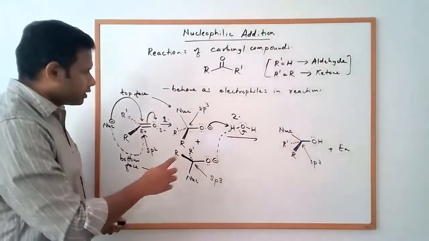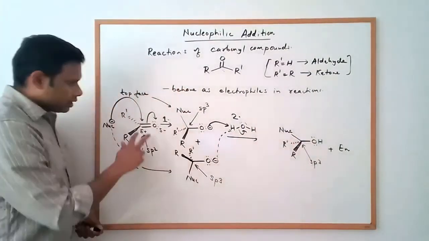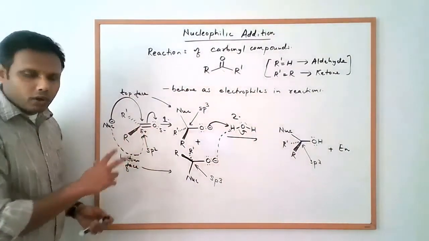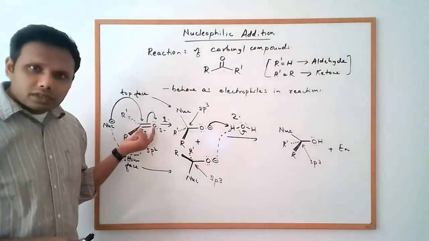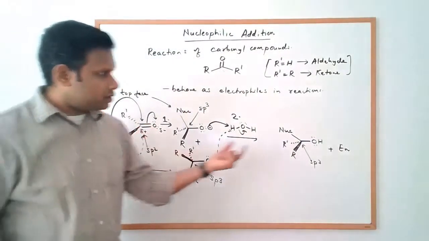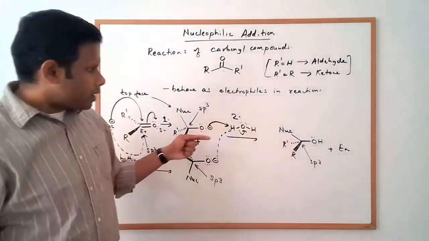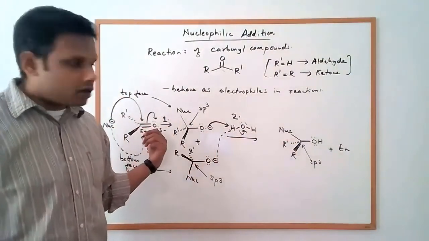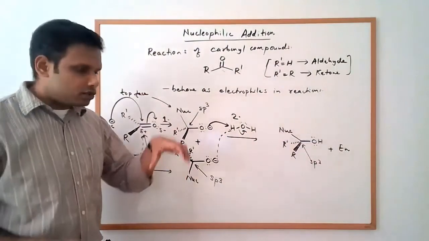When you compare your starting material to the product, what you've done is you've added something to the carbonyl bond, the carbon-oxygen double bond. There was a double bond between the carbon and the oxygen. In the product, there's only a single bond between the carbon and the oxygen. You add the nucleophile to what was the carbonyl carbon, and you protonate that oxygen. So you've added something to that double bond.